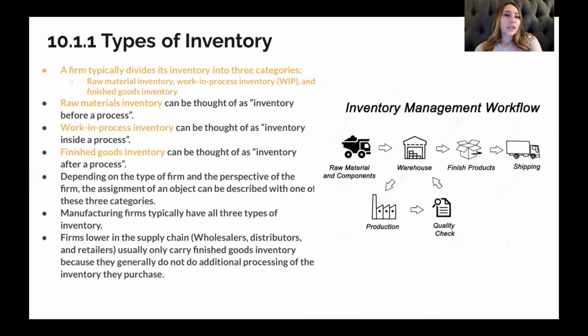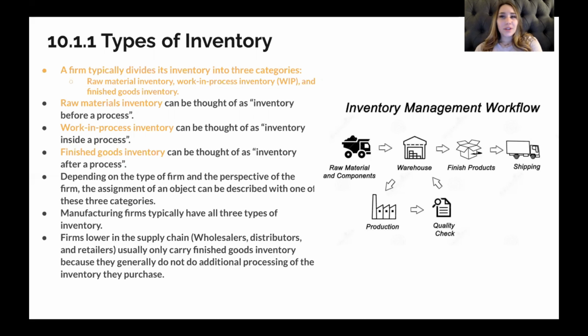Okay, so the types of inventory are typically divided into 3 different categories. We have raw materials inventory, work in process inventory, and finished goods inventory. This could be thought of as the before, during, and after process inventory, depending on the perspective the firm is in. A good example of that perspective would be a steel manufacturer, where the end product, that finished goods inventory, is going to be the steel.